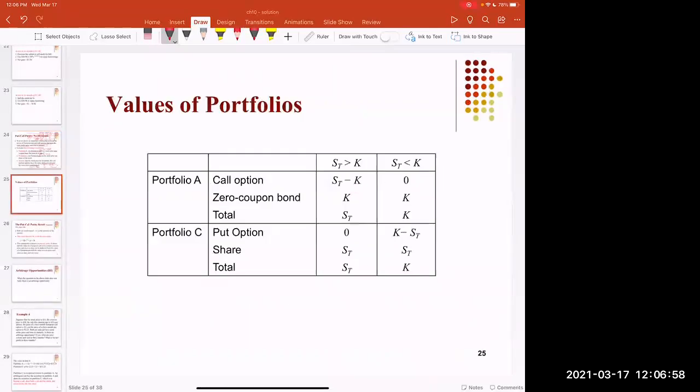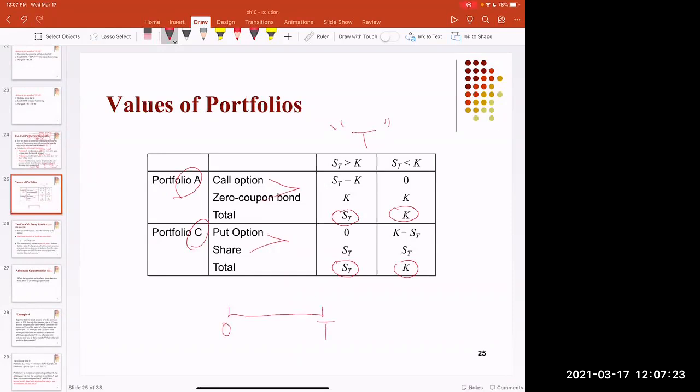I just showed this table, two portfolios, two different securities, and the value at the expiration day. And we got the same. So that means the value at time t is the same.